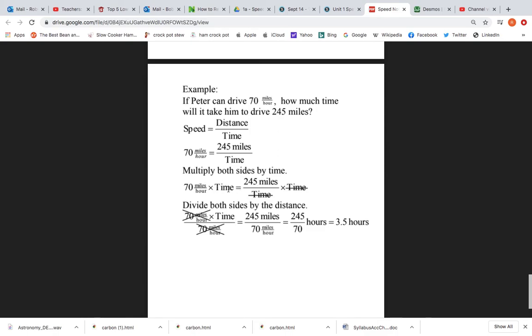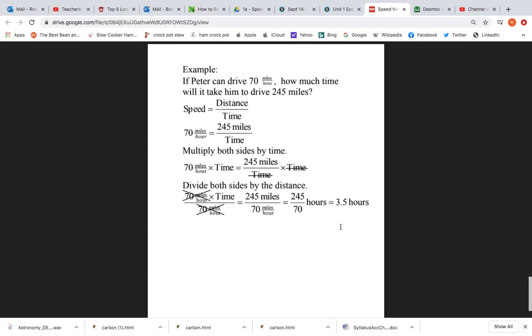But we're trying to isolate time, so we still have to divide both sides by 70 miles per hour. Time equals 245 miles divided by 70 miles per hour. Miles cancel out top and bottom. We're left with hours as our unit, and it's 3.5 hours.